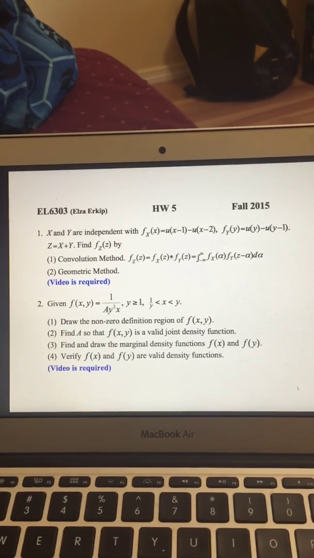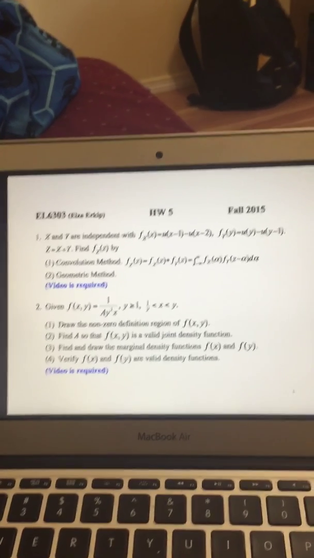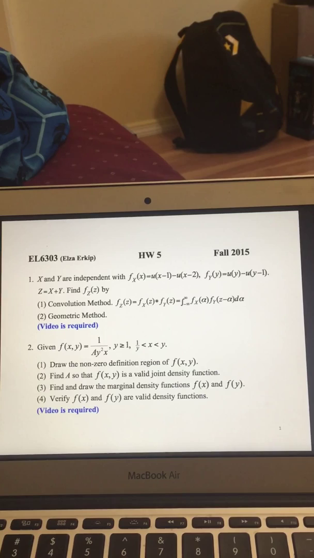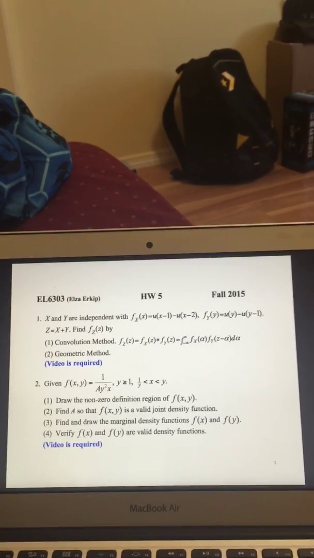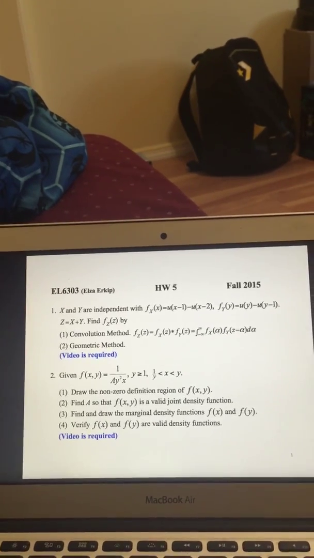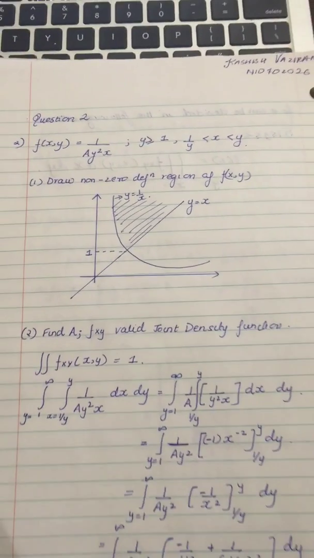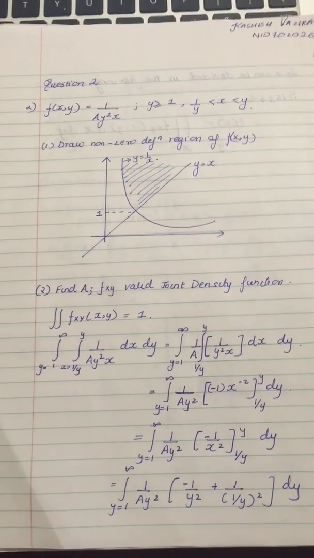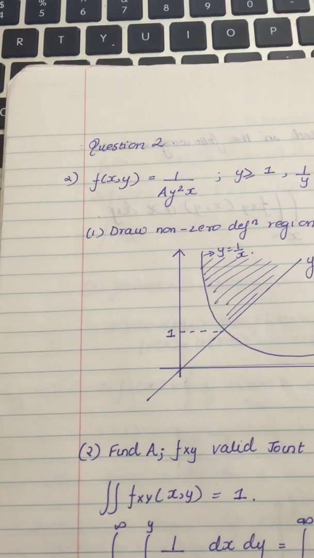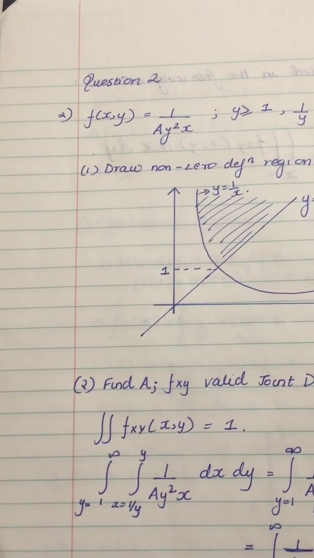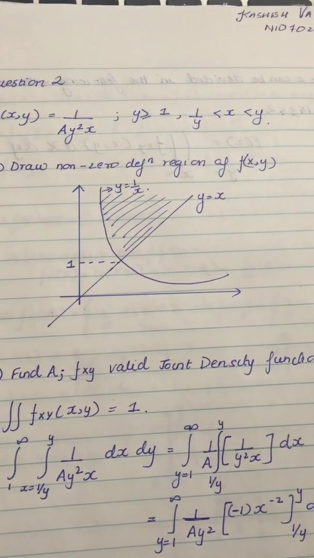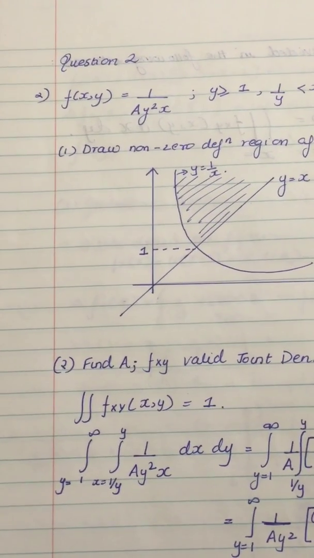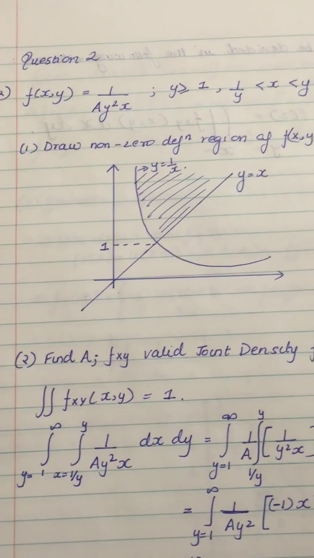The second one says find a so that f of x, y is a valid joint density function. What they really mean by valid joint density function is that when you take the integral, it's equal to 1. So if you were to find this, it would be something like this: the integral of f of x comma y is equal to 1, and y would go from 1 to infinity, and x, as given here on top, would go from 1 by y to y, of 1 upon a y squared x, dx dy.